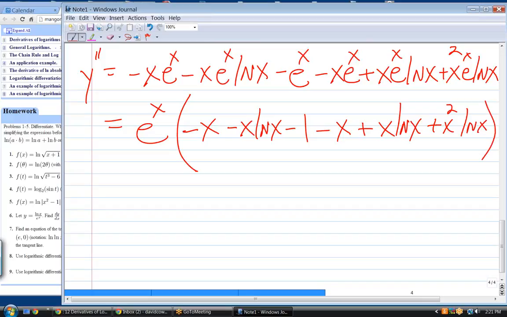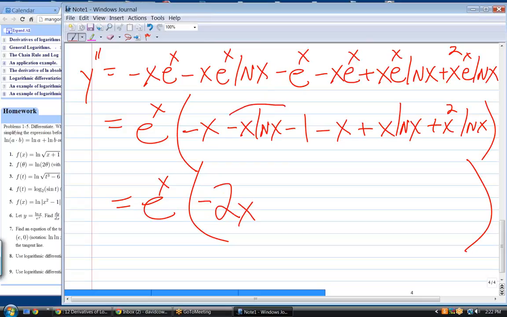Now, I don't see anything else we can factor out in terms of a greatest common factor, so our next step is to simplify what's inside the parentheses. How many x's do we have? Minus 2. Okay, minus 2x.